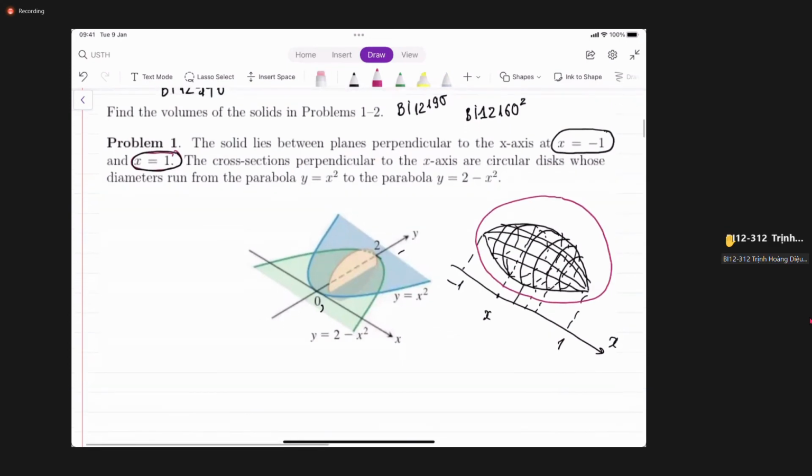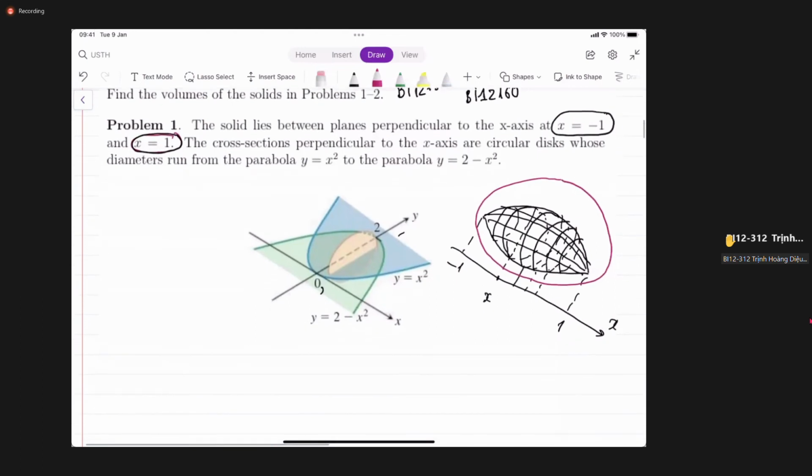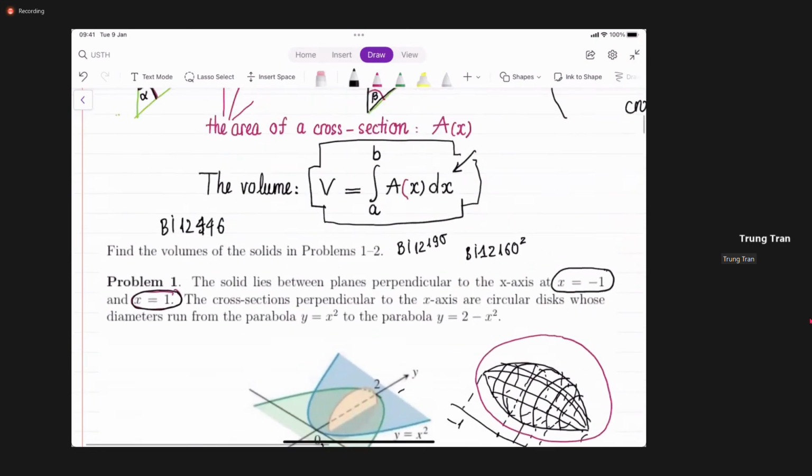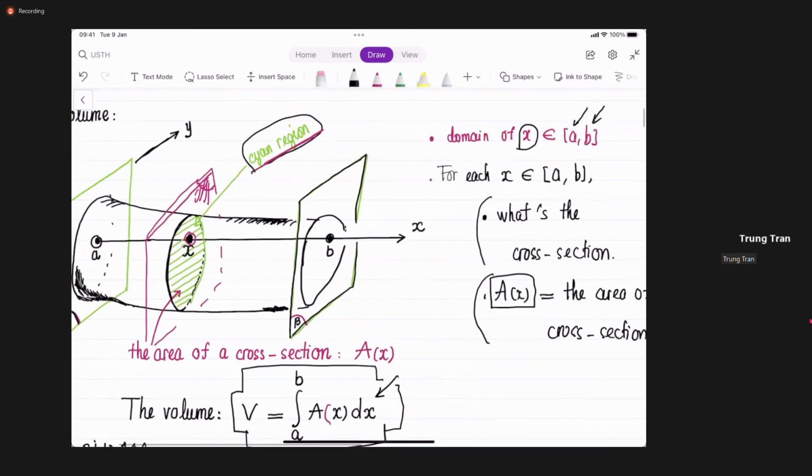So first we find the radius of the cross section area. At first, you need to find the domain of x.